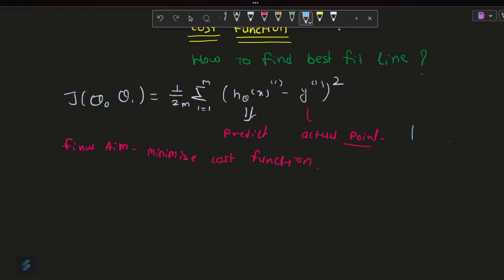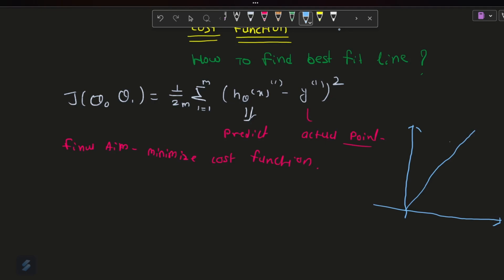We have a data set something like that. Let's consider your best fit line is passing through the origin, and we simply change the slope value.